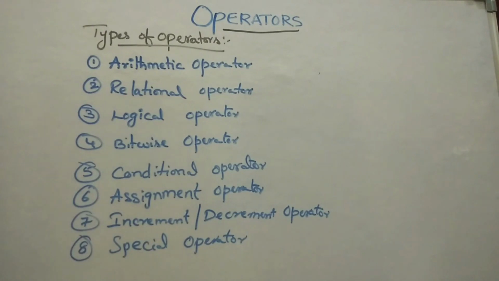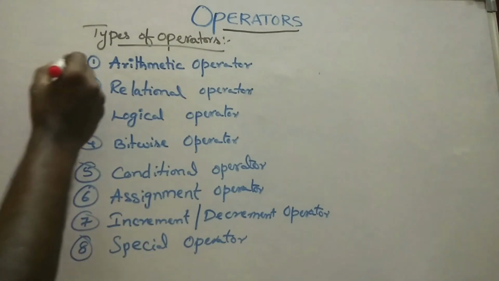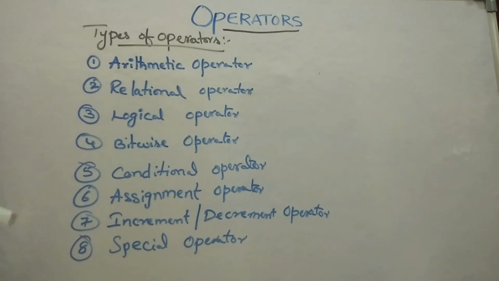These are the main 8 types of operators available in C: arithmetic, relational, logical, bitwise, conditional, assignment, increment or decrement, and special operators.